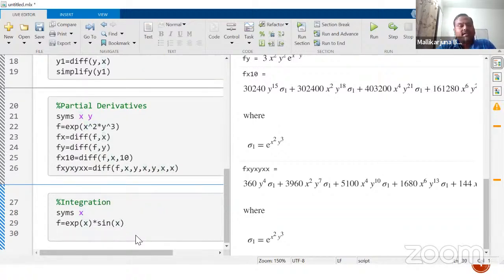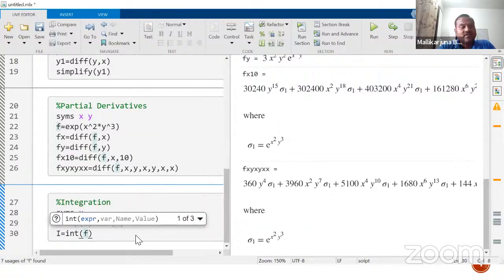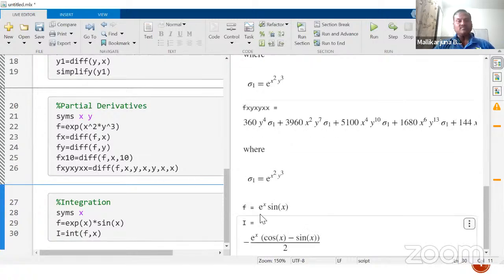Now we need to find the integration of this. I am using capital I, not small i. Integration of the function with respect to the variable, this is the syntax.